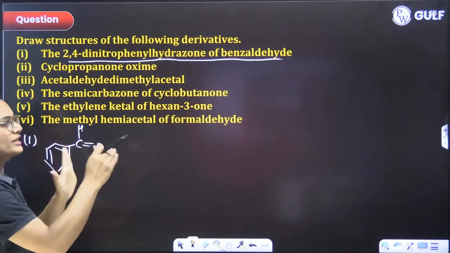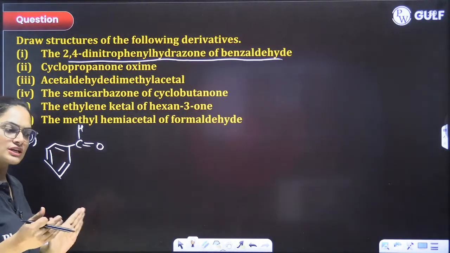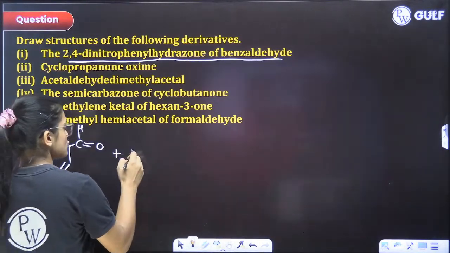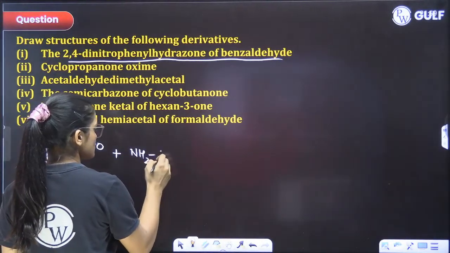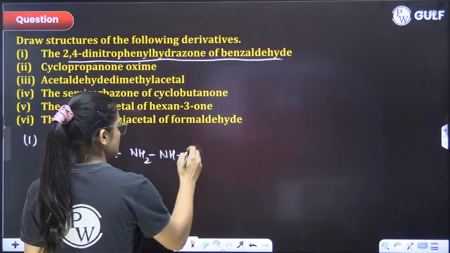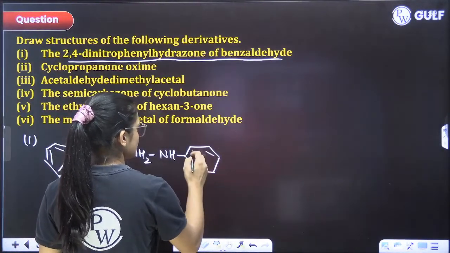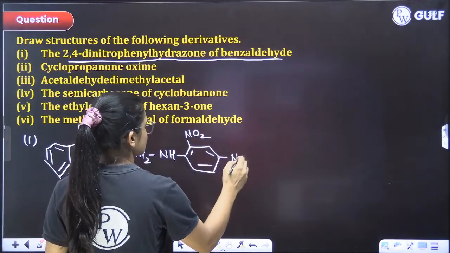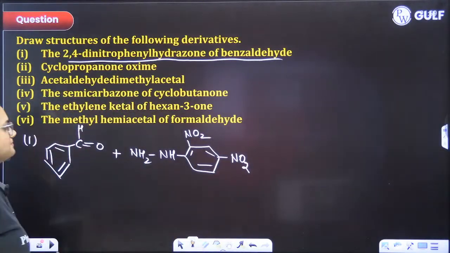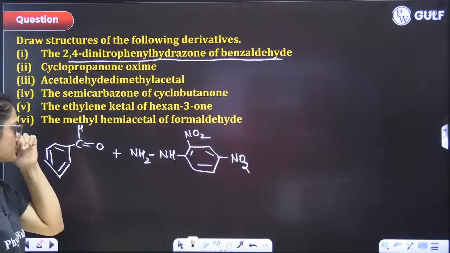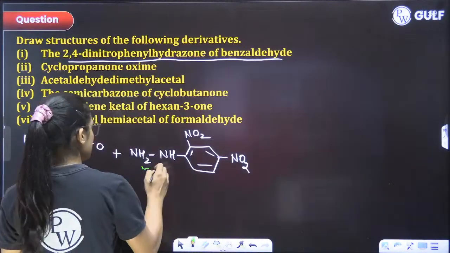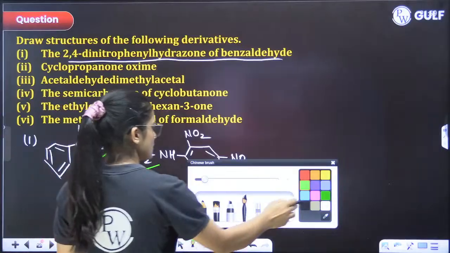You'll get 2,4-dinitrophenyl hydrazone when you carry out this reaction with 2,4-dinitrophenyl hydrazine, that is NH2, NH, C6H5. This is 2,4-dinitrophenyl hydrazine. Again, it is an ammonia derivative, so H2O will be removed. H2 from here and oxygen from here.